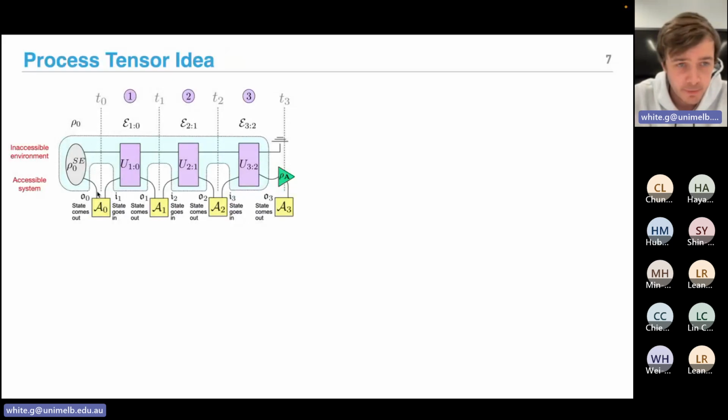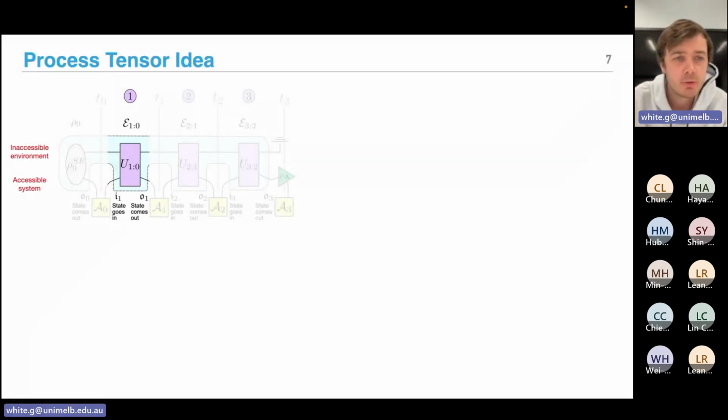So this depiction that we're considering, which is a driven quantum system over many times, you can imagine that at each given time, the state of the system is coming out. It's being fed into whatever your control operation is, this A0, which manipulates the system and then sends it back in to participate in the dynamics. And then this is repeated again and again.